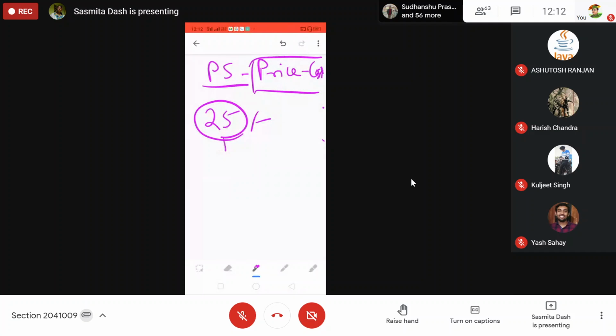Now, there may be some producer who can produce one cup of vanilla ice cream at 20 rupees. Some may produce it at 18 rupees, and some at 15 rupees.